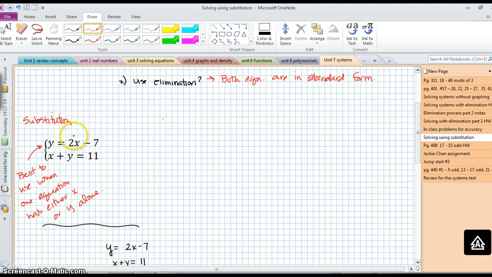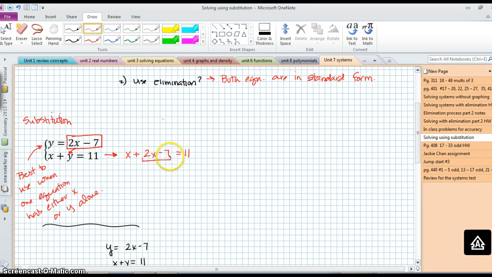The top equation says y equals all of that stuff. And if 2x minus 7 is exactly the same as y, then we can substitute 2x minus 7 in place of that y in the second equation. So if we do that, instead of x plus y equals 11, we'll have x plus 2x minus 7 equals 11.